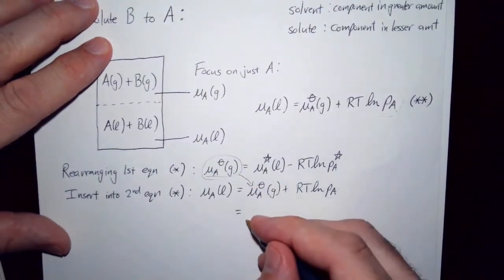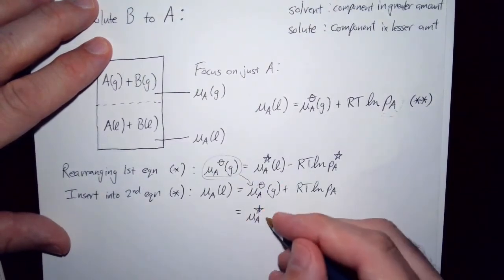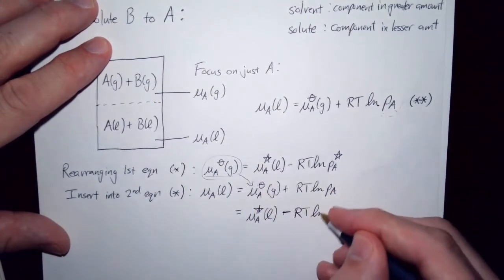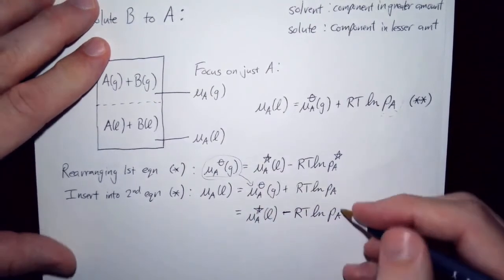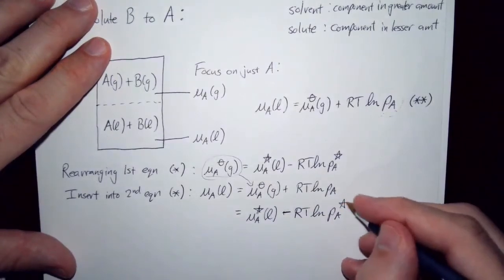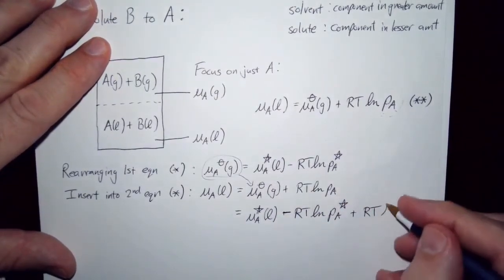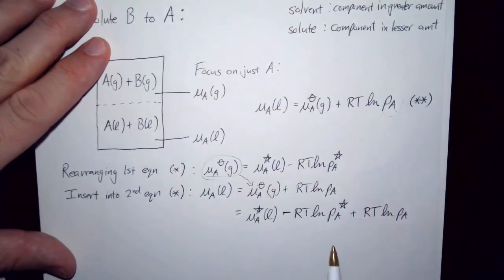Okay, so the right-hand side is going to become this, which is the mu A standard, plus this term. And here I have an RT ln and an RT ln, so I'm going to combine those.